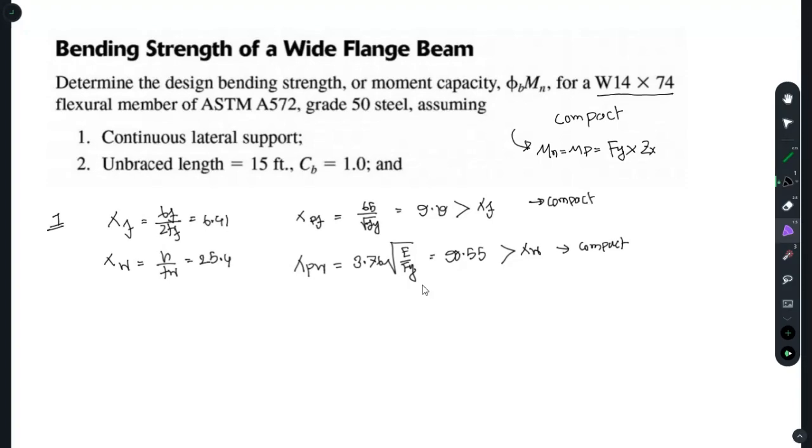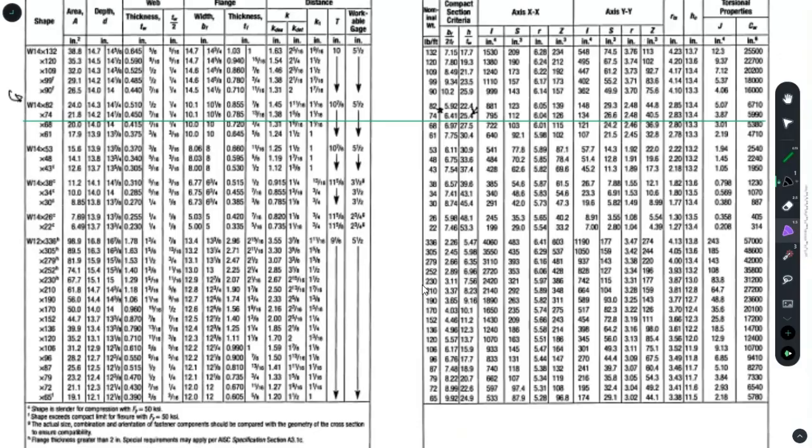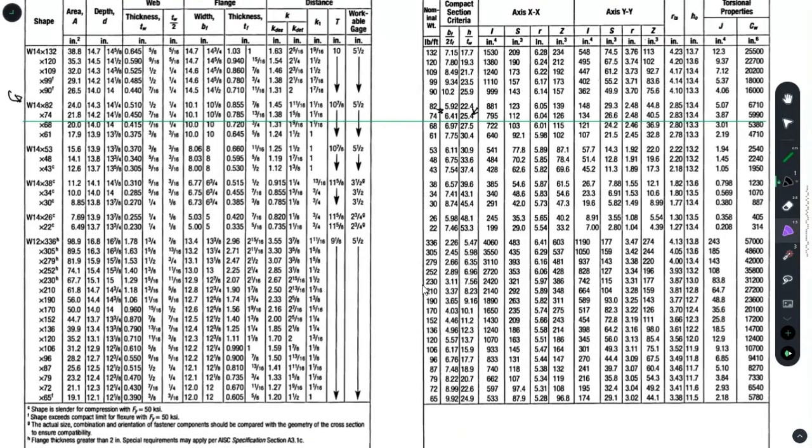If the section is compact, then the moment you will get will be just equal to the plastic moment, and the formula will be simply Fy Zx. For that, the Fy value is 50 and the Zx value you will find in the AISC manual.